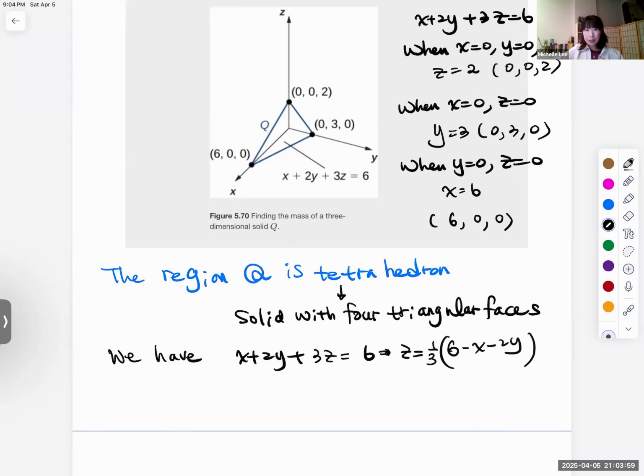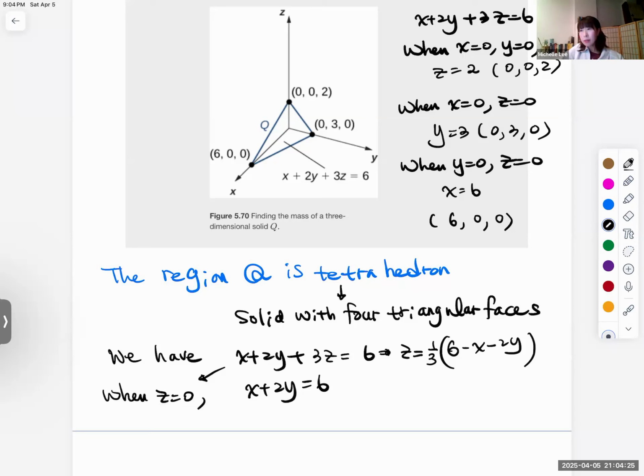Now, when z equal to 0 from the equation, as we experienced earlier, x plus 2y equal to 6.